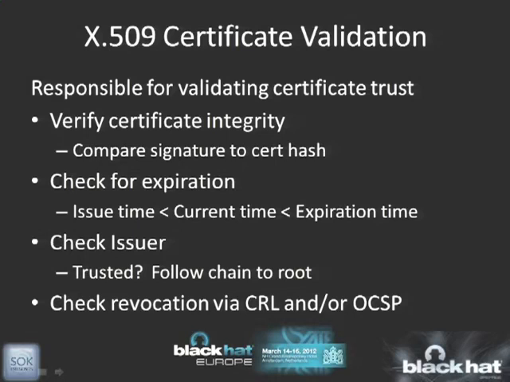And then the last step is to check revocation. So there's two main protocols for this, CRL, Certificate Revocation List, and Online Certificate Status Protocol, OCSP. CRL checking is defined in X509. OCSP is an extension to X509.